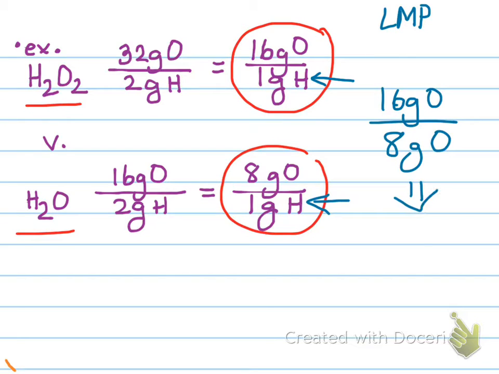Notice that's a 2 to 1 ratio. That's saying that peroxide has twice as much oxygen as water does. And we see that that's true in our chemical formula as well. So that's all the law of multiple proportions is saying.